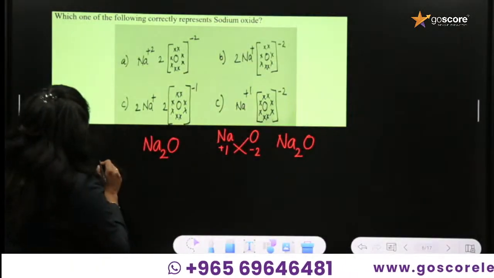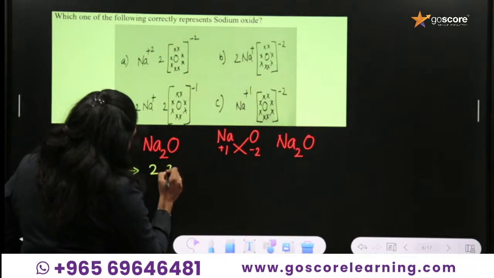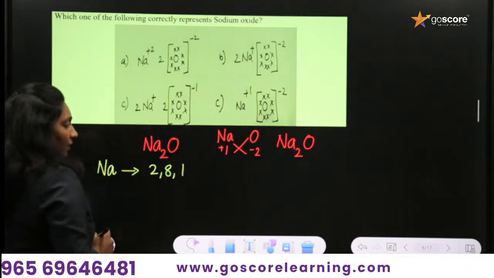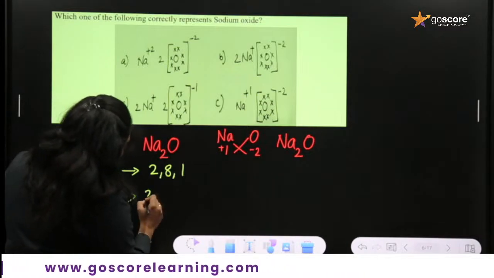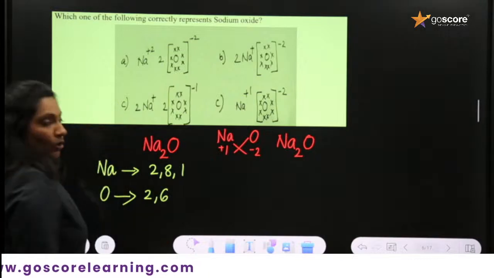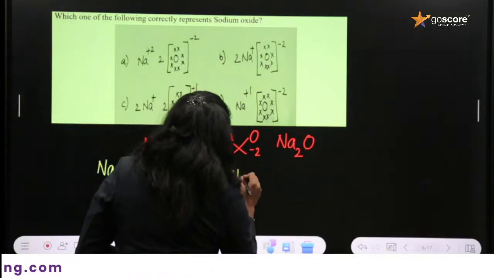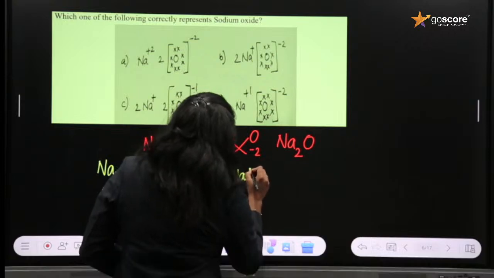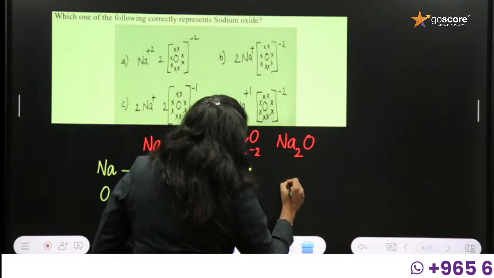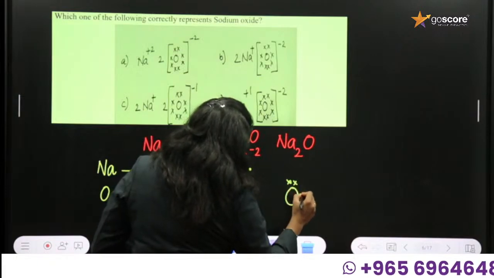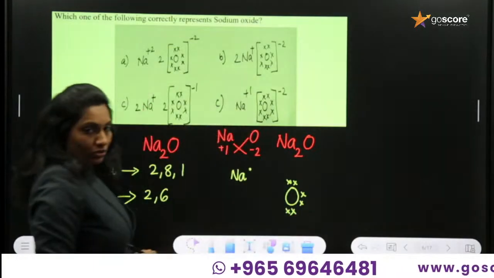So for sodium, the electronic configuration is 2, 8, 1, right? And for oxygen, the electronic configuration is 2, 6, right? So for sodium, we have 1 valence electron, and for oxygen, we have 1, 2, 3, 4, 5, 6 valence electrons, right?